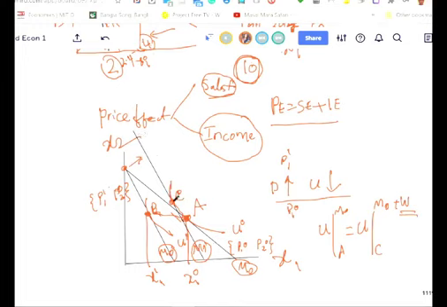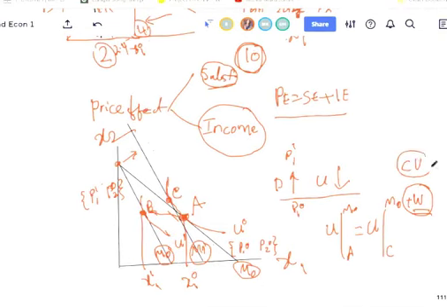And because of my extra money, I do not go back to A, but I go to C. But my level of satisfaction is exactly the same. So this is known as compensating variation. This amount of money is known as compensating variation.